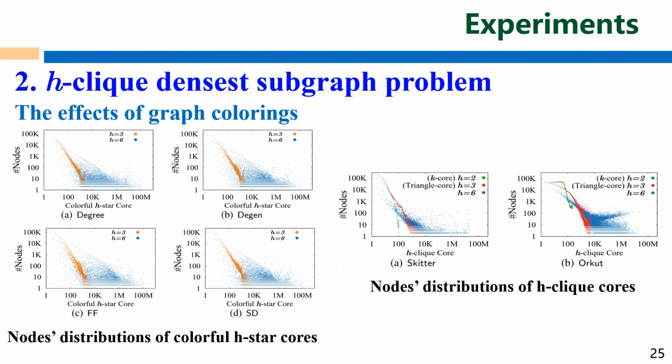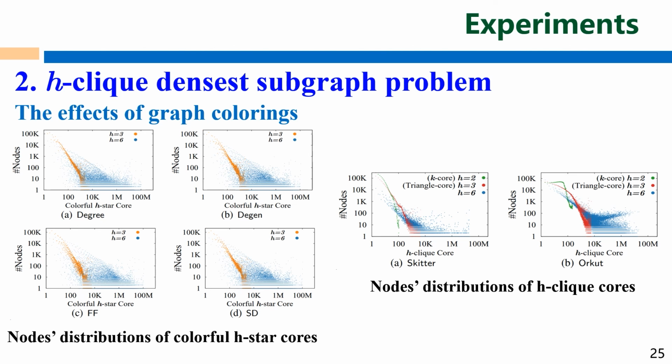The node distributions are very similar in the setting of 4 different coloring algorithms. A slight difference is that nodes in the third figure, FF, are more scattered. A possible reason is that the FF heuristic uses a larger number of colors to color nodes.